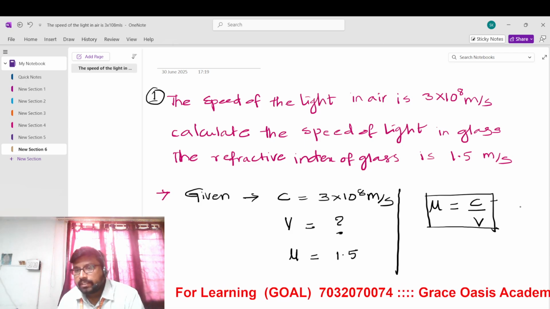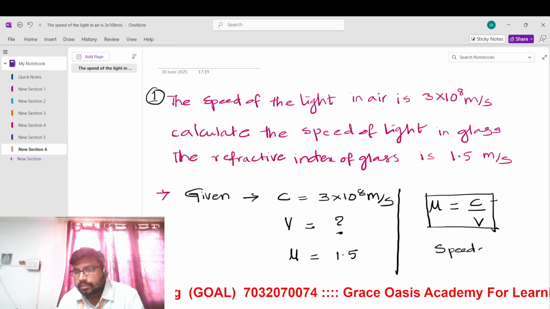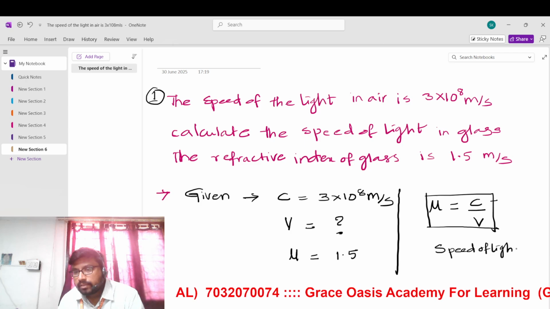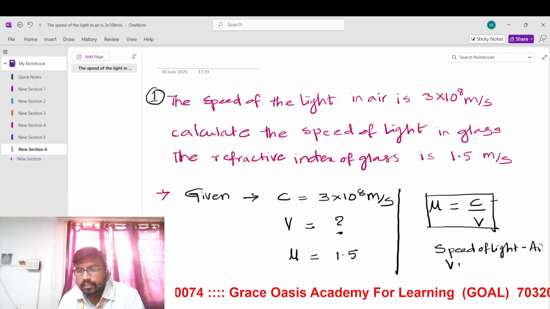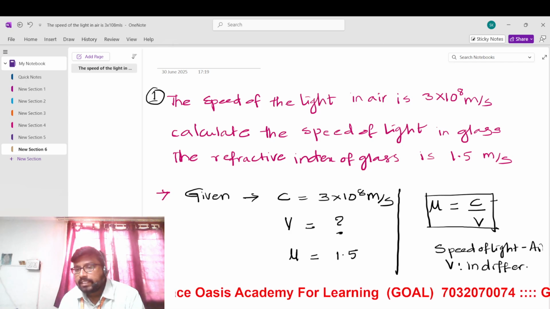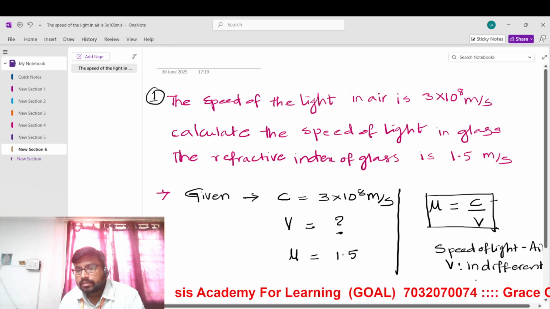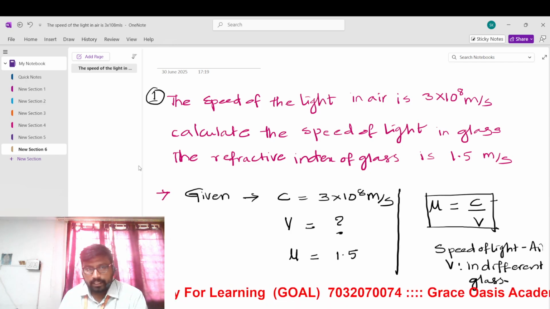This c is speed of light in air. So v is in a different medium. Here in our case, it is glass.